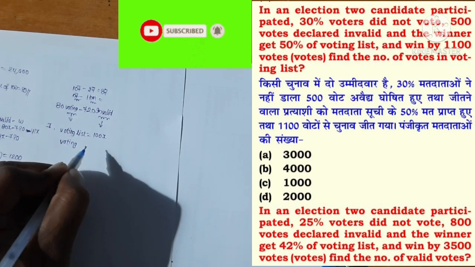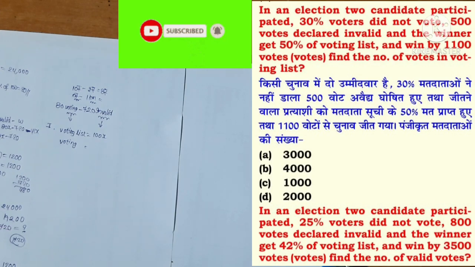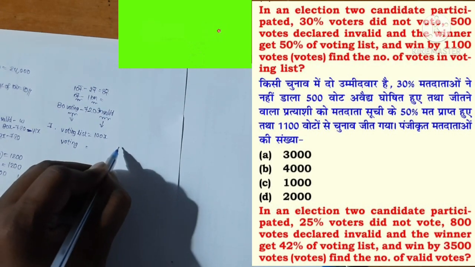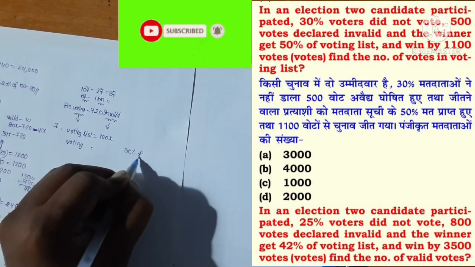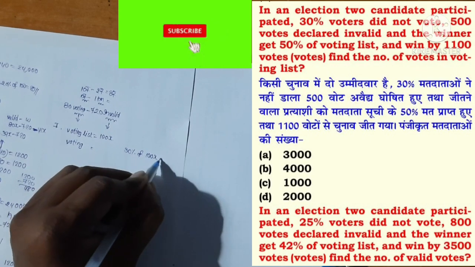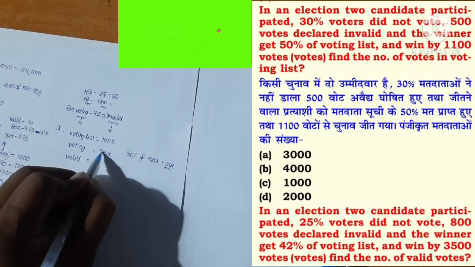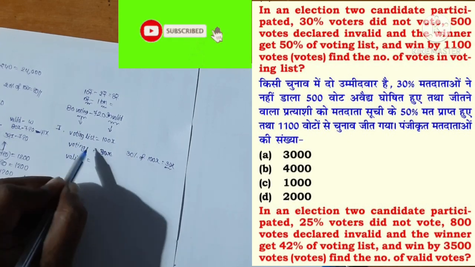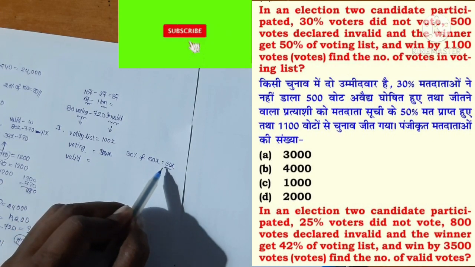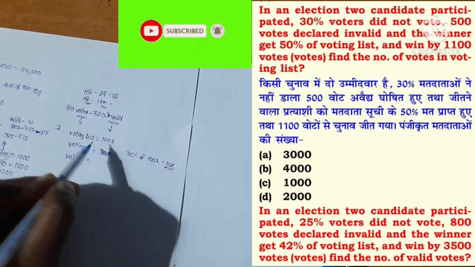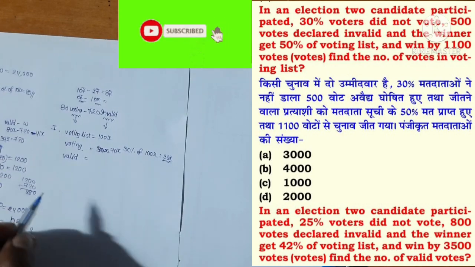That means 30 percentage of 100x is 30x. So voting is 100x minus 30x, and the value is 70x.